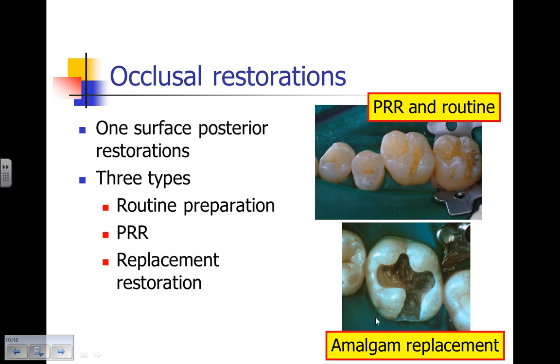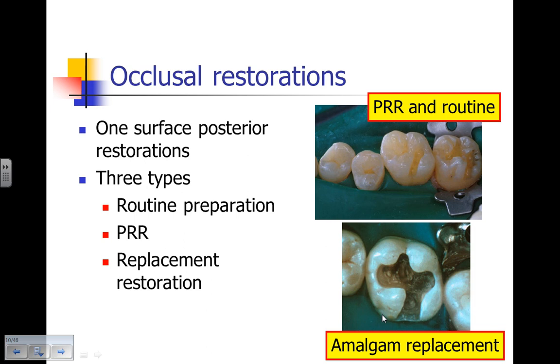Below you see we've taken out an amalgam from this OL preparation. You can see staining of this hard dentin due to the corrosion products of the amalgam. We take out the entire amalgam and leave the preparation based upon what was designed by the removal of the defective restoration.